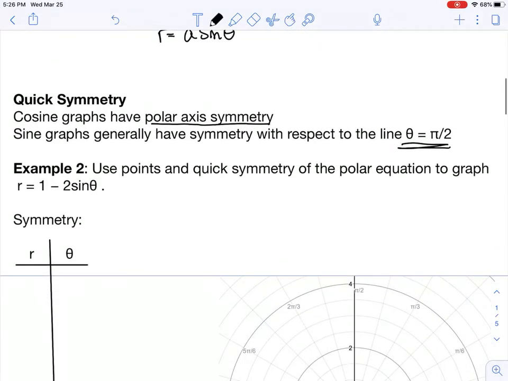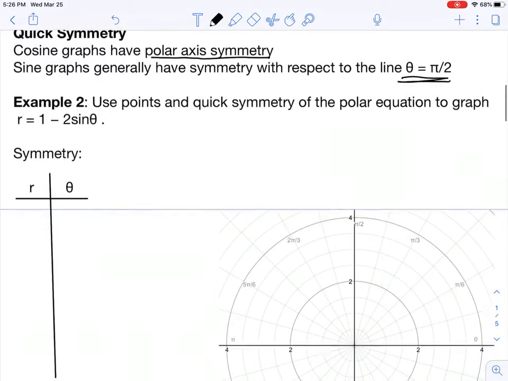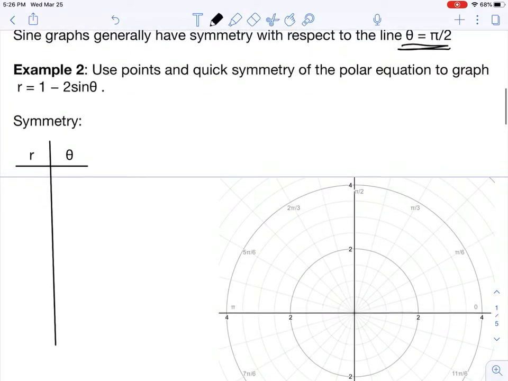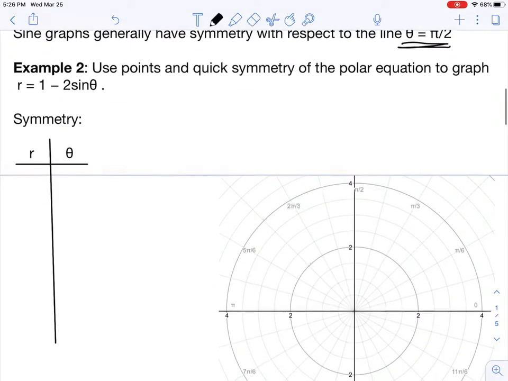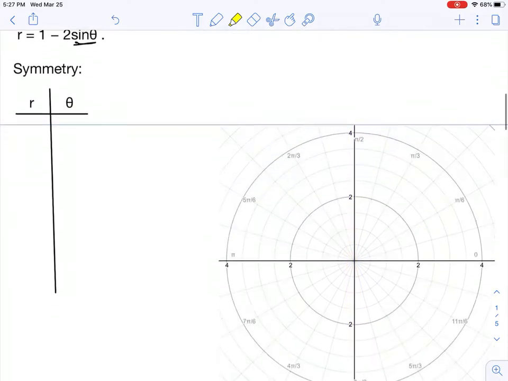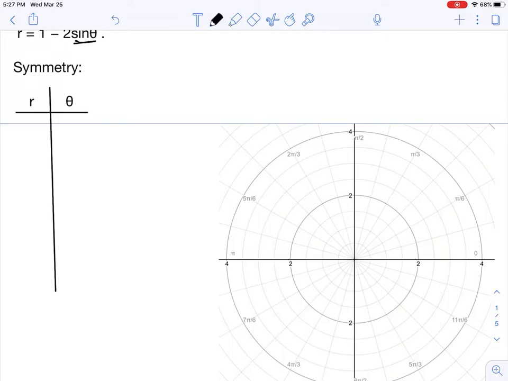All right, so now let's use our quick symmetry, and r equals 1 minus 2 sine of theta to come up with a nice graph for this equation. So if we look at the quick symmetry, it's sine, so it's going to be symmetric with the line pi over 2 right there. So if you're symmetric with that line, let's choose some values that are going to be symmetric.